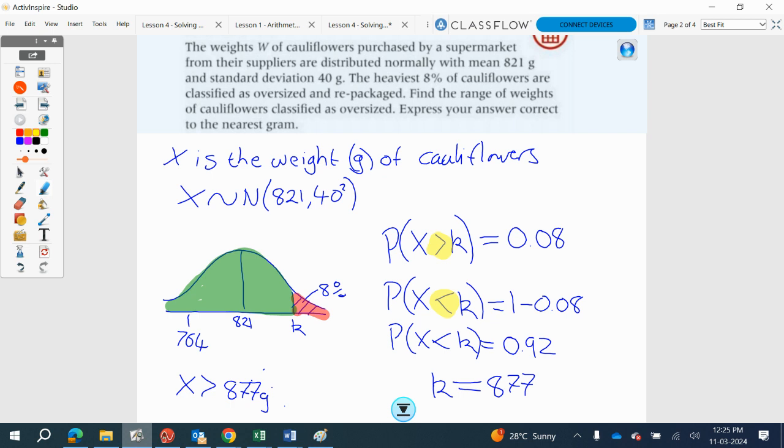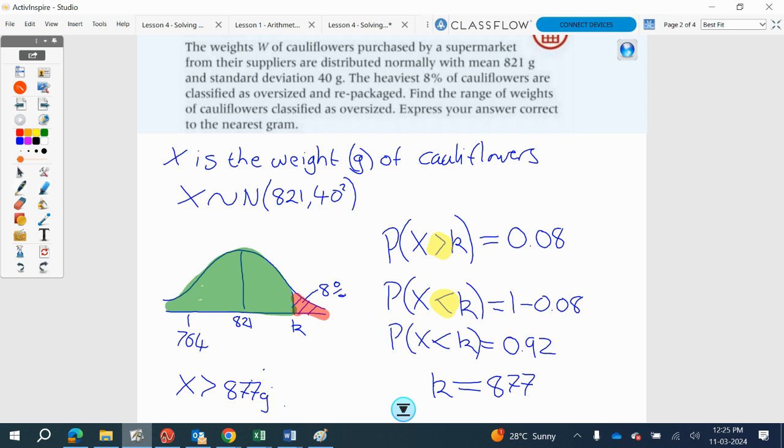Why does it not matter with a normal distribution? It would matter a lot with a binomial distribution, but with a normal distribution, it doesn't matter. Why is less than or equal to exactly the same as less than? Because the value is already excluded from the equation.